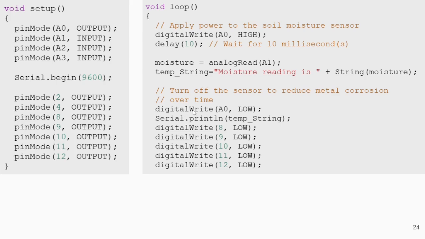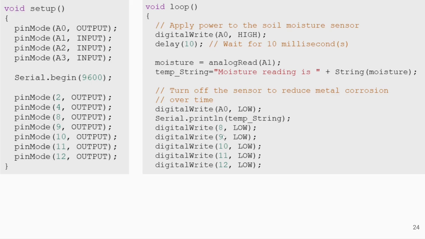Now I'm turning off the sensor to reduce the metal corrosion over time. As you can see, I made it on to read the value, then I made it off. Then I print what value I'm getting.